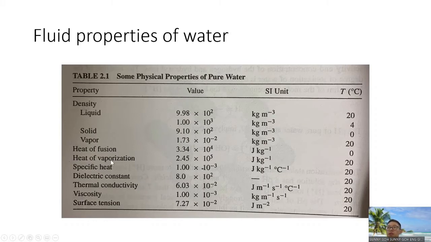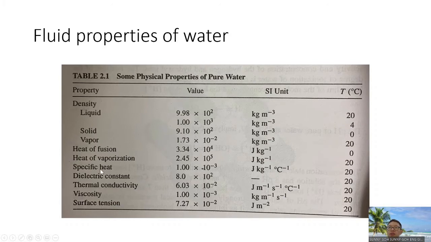Heat of vaporization involves the transformation from liquid phase to gas phase. So for 1 kilogram of liquid, the transformation from liquid to gas requires about 2.45 multiplied by 10 to the power 5 of joule energy at 20 degrees Celsius.